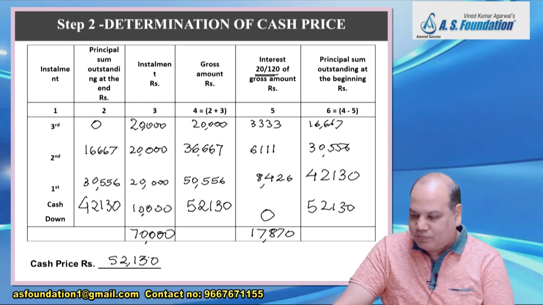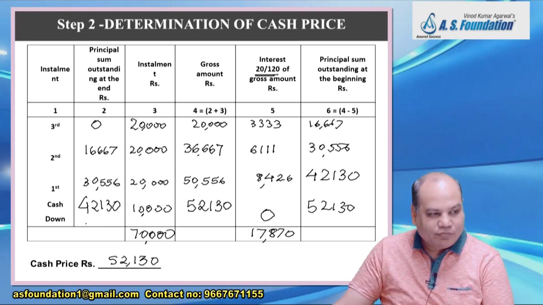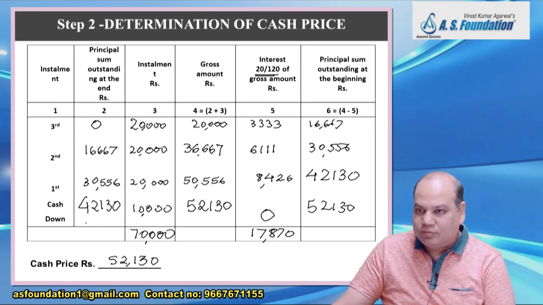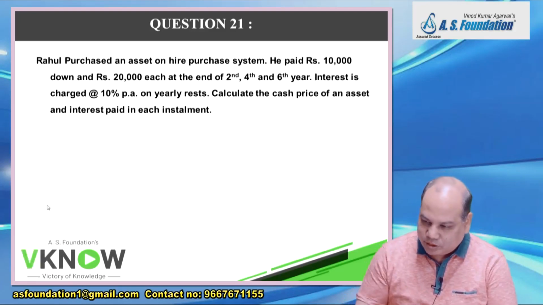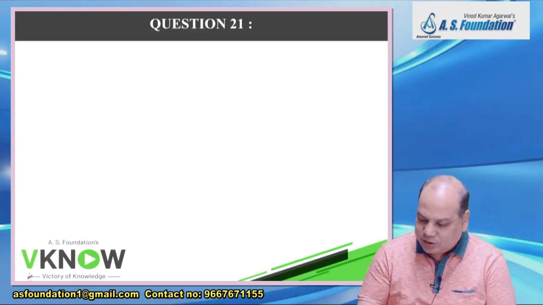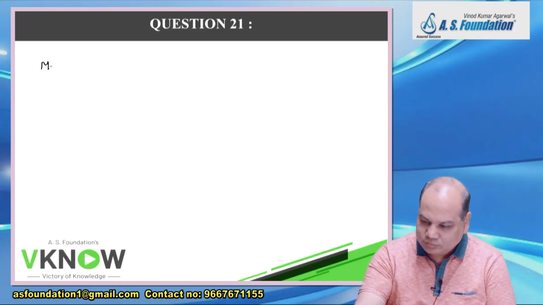Can we use the annuity factor to solve this question? Yes, we can if you want. Okay, you want to try? Okay, we'll try. So write down method 2. Cash price equal to. Directly we can find.